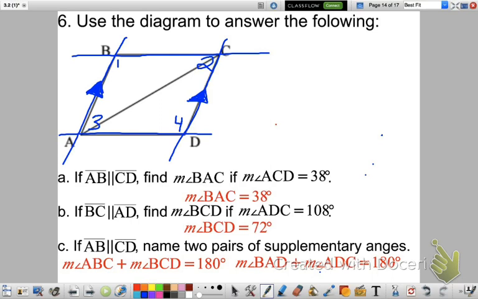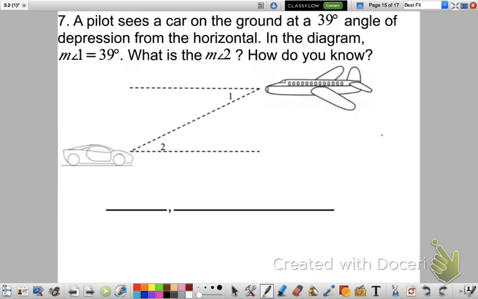Let's look at a little bit of an easier example. So, we have a pilot up in a plane, and it sees a car on the ground at a 39-degree angle of depression. So, angle of depression is when we look down from a line of sight, and angle of elevation is when we look up.